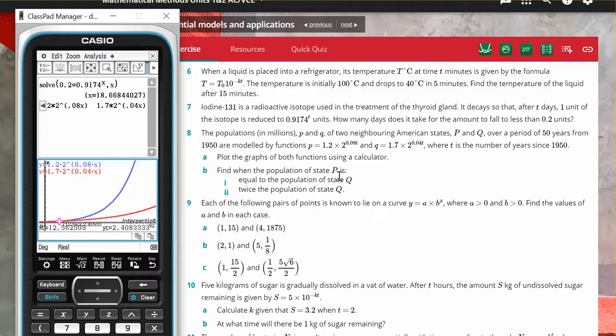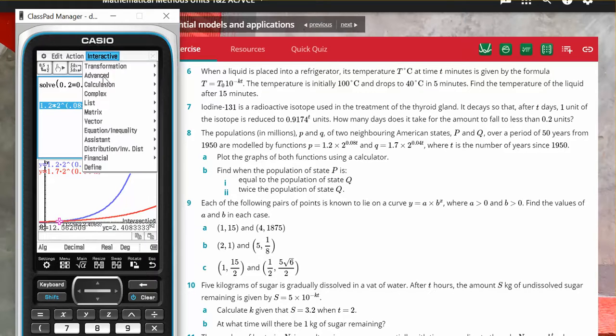Now the second part's tricky. Find when the population of P is twice the population of Q. To solve this, you go 2 times Q equals P. So I'm multiplying Q by 2, and we're letting it equal P. I'm just going to put an equal sign there because I've already typed in the two equations from previously when drawing the graph on the calculator.